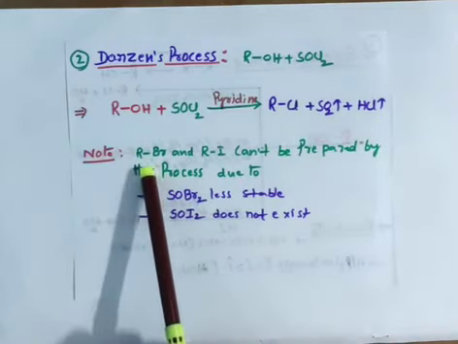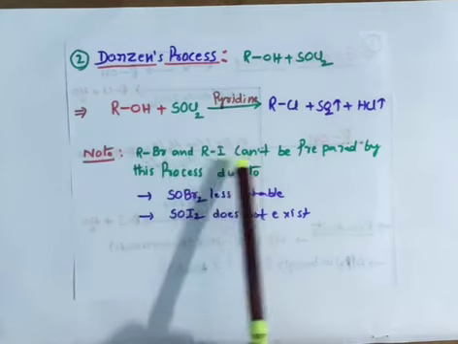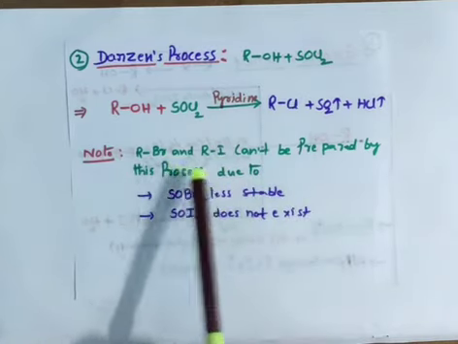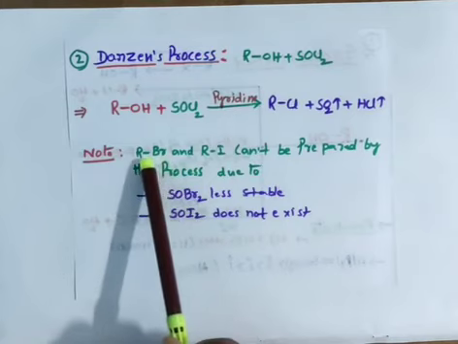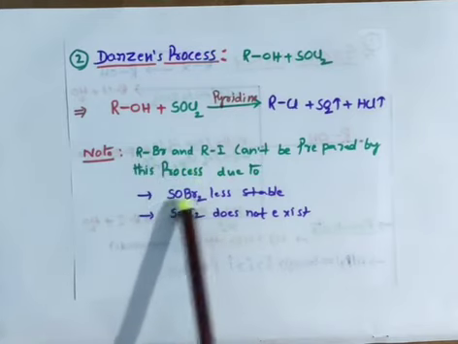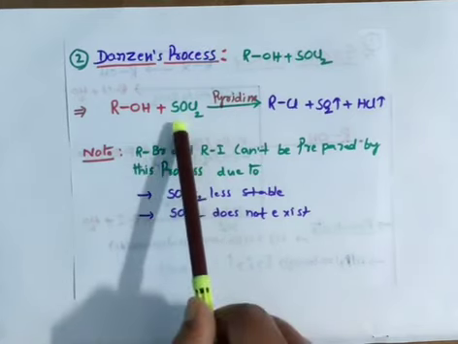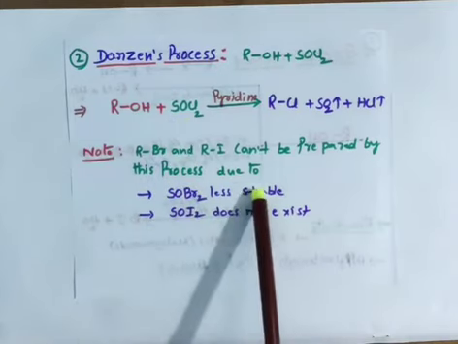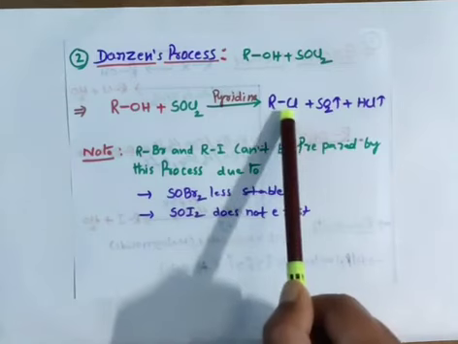By this method, RBr and RI cannot be prepared, because if you want to prepare bromoalkane you need SOBr2 like SOCl2. This SOBr2 is less stable, that's why you can't prepare RBr.